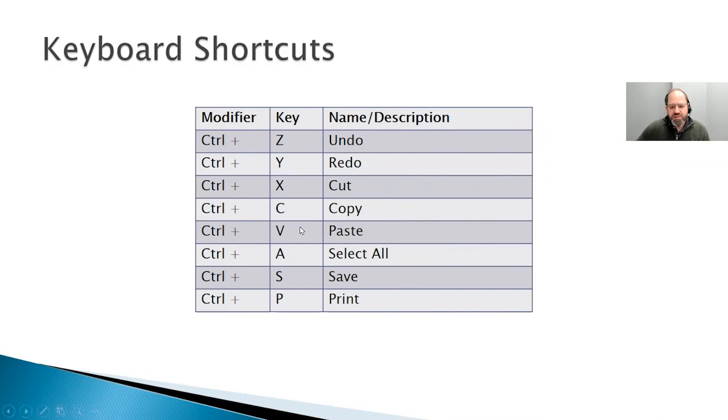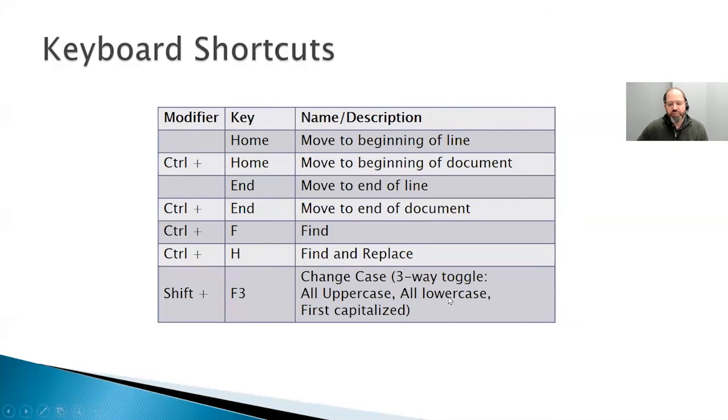Cut, copy, and paste, I talked about. Control X, C, and V. Control A is select all. And S and P are save and print. And there's a whole other slew of them here. The home and end buttons are in between the number pad and the main keyboard on most keyboards nowadays. They help you to move to the beginning or end of the line or the document.